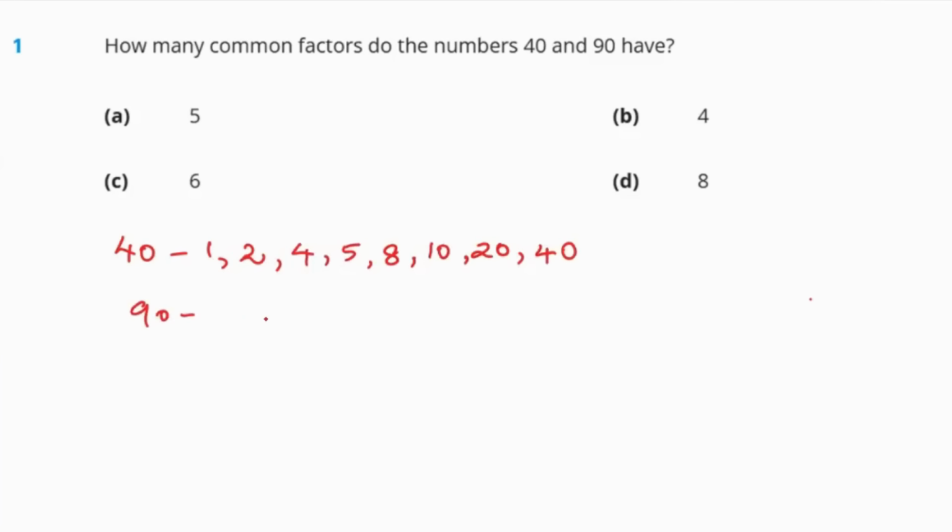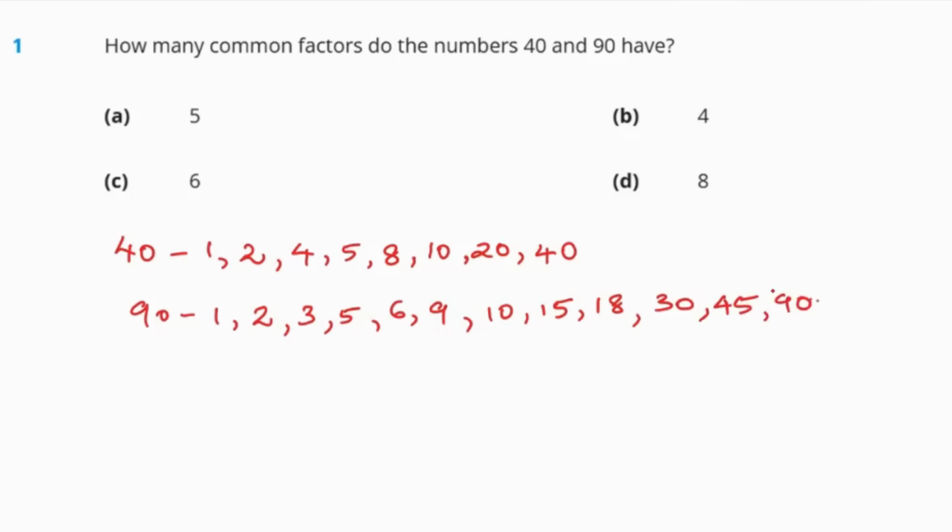For 90, 1 is a factor, 2, 3, 5, 6, 9, 10, 15, 18, then 30 is a factor, 30 into 3 is 90, and 45 into 2 is 90, so 45 is a factor, and 90 is also a factor, 90 into 1 is 90.